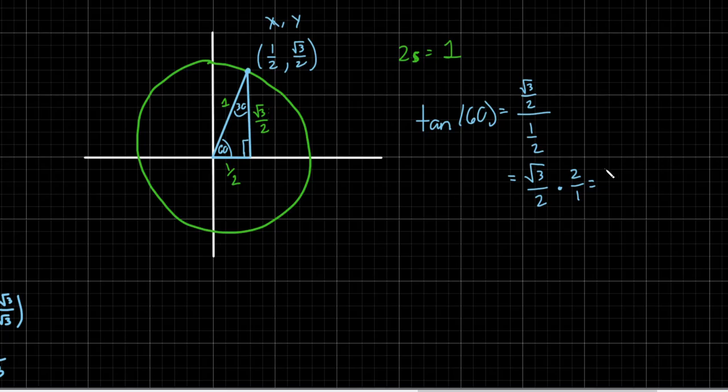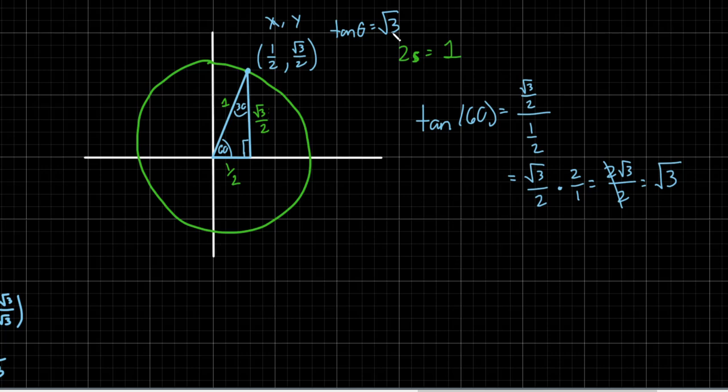Okay, let's multiply. So we have 2 square root of 3 divided by 2. What is it? Yeah, square root of 3. That's it. These 2's cancel out, and we're just with square root of 3. So we just found tangent here as well. So tangent of theta equals square root of 3.